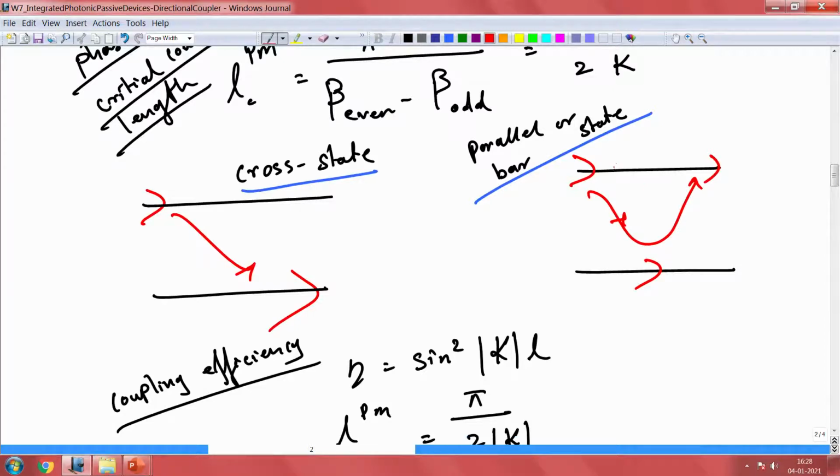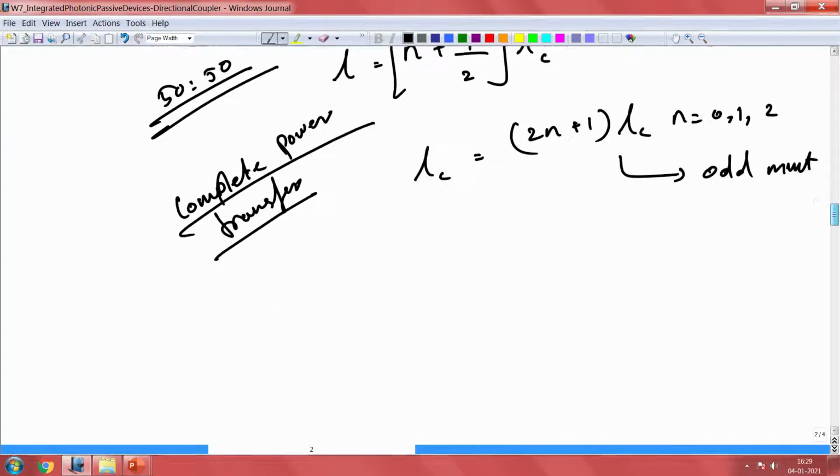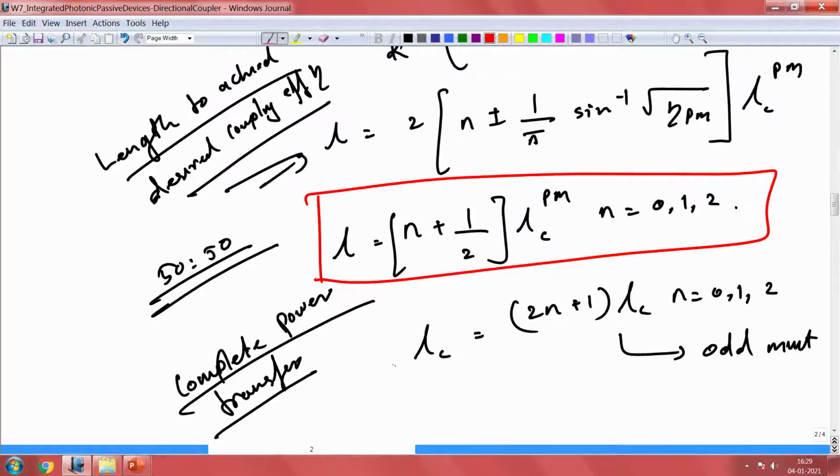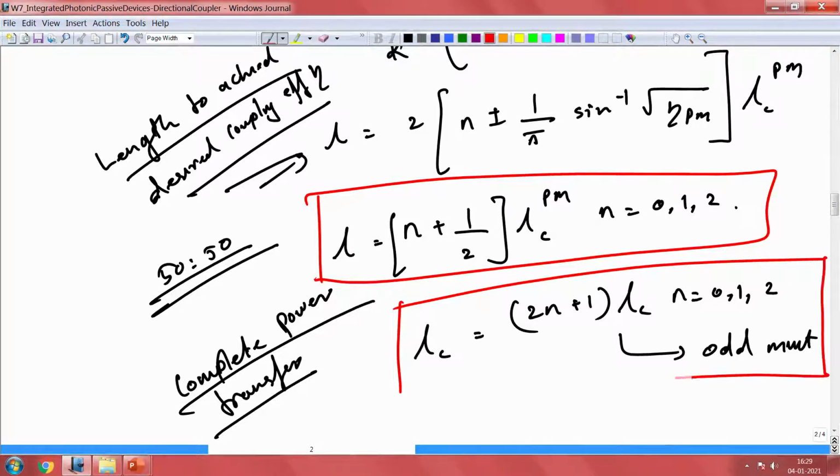So, in between these two you could have it in both. So, this state is a 50-50 condition, all right. So, here is a complete transfer. What is the length required for this and what is the length required for this could be found by simply using this. So, these are two important equations, right. This is for 50-50 coupling and this is for complete power transfer. So, these two relations keep in mind, all right.